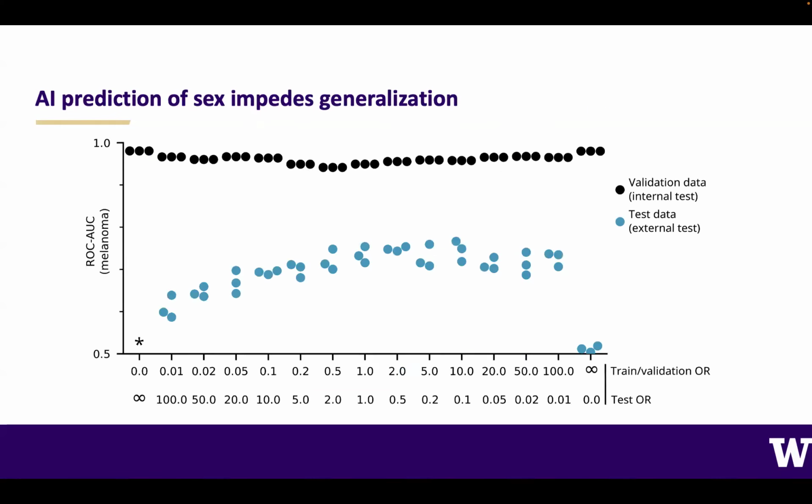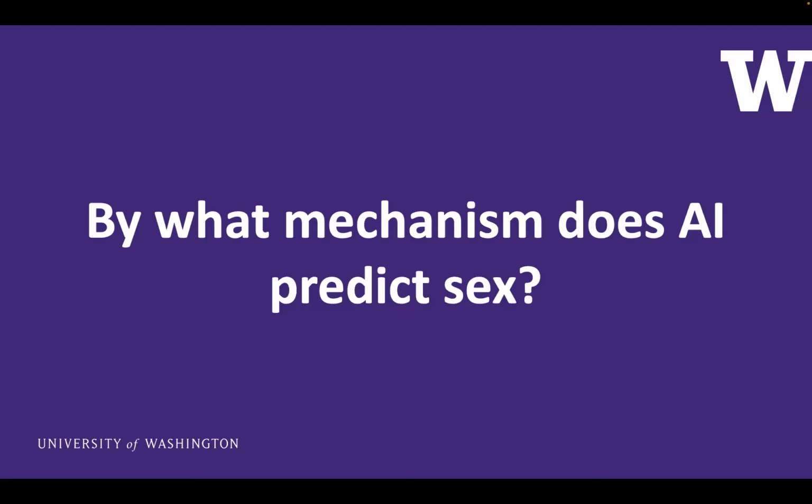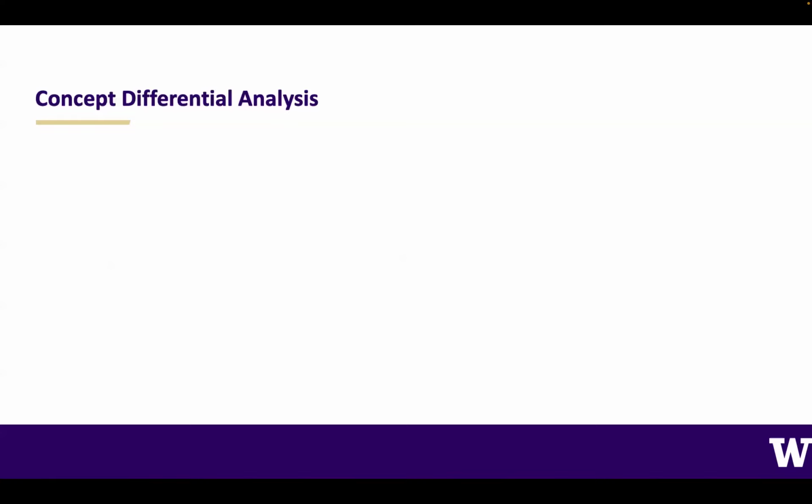We tested this out with a synthetic scenario. On the validation set, the performance is really high, but on the test set where the association is reversed, as expected, the AUC drops quite a bit. And as we increase the reversal of association, the AUC drops even more, as represented by the odds ratio on the x-axis. Now that we have shown this, by what mechanism does this AI model predict sex?